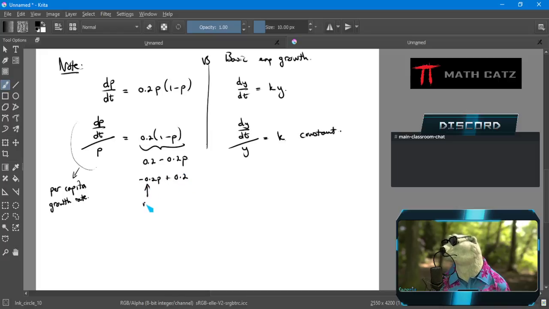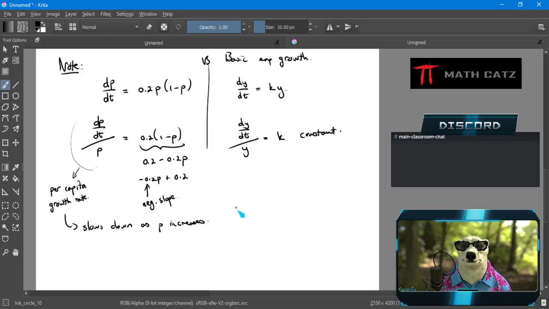You see here we have a negative slope, meaning that the higher p goes, the lower this right hand side becomes, the slower the per capita growth rate is. The per capita growth rate slows down as p increases.